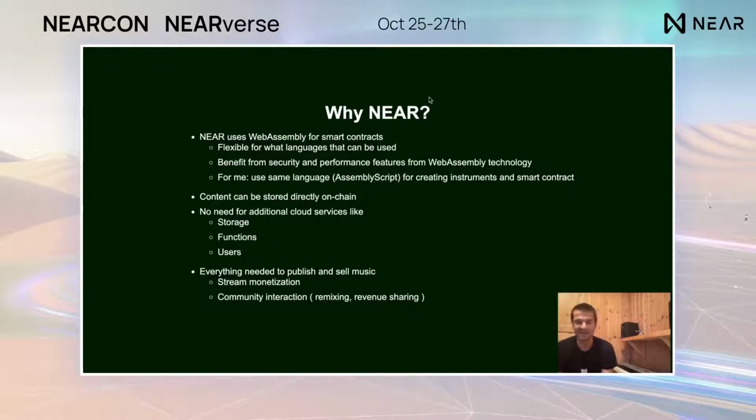And then for me, I don't need any cloud services for storage, or for functions, because that's the smart contract itself. And also Near has named accounts, so all the mechanisms needed for authenticating users are already in place.